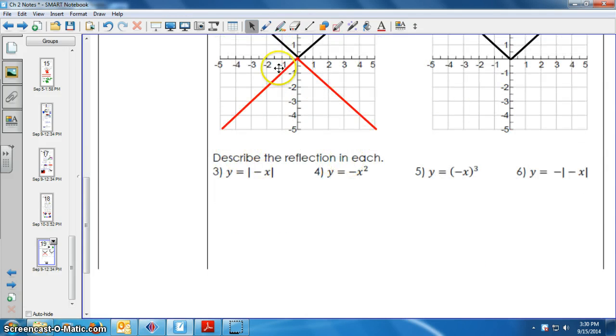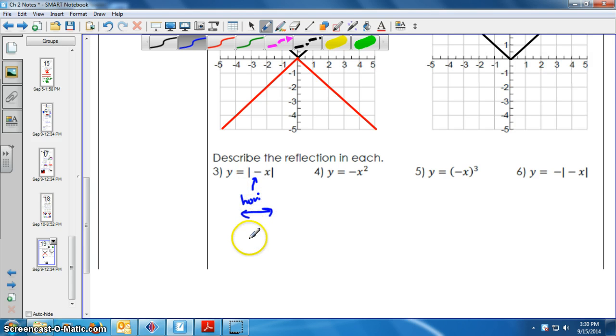So let's go ahead and answer these last 4 questions of how it's being reflected. So remember, inside is horizontal, and horizontal goes this way, which means it's going to go over the y-axis. So it's reflected over the y-axis. This one's on the outside, that's vertical movement, which means it's going to go up and down, flipping it over the x-axis.